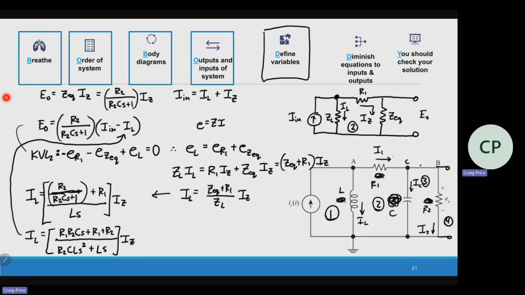And IZ is pretty easy, because that's just going to be E out over Z equivalent if I go all the way back here. And so what I could say is this is equal to R1 R2 CS plus R1 plus R2 over R2 CLS squared plus LS, multiplied by, I can just say this is E out over Z equivalent.